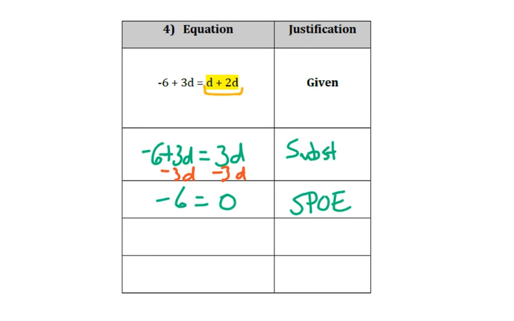This is a false statement, so that's our next justification. So we can say that there is no solution to this equation. There is no value that we can substitute in for d to make this equation equal. And so writing that in set notation, we're going to have empty braces.